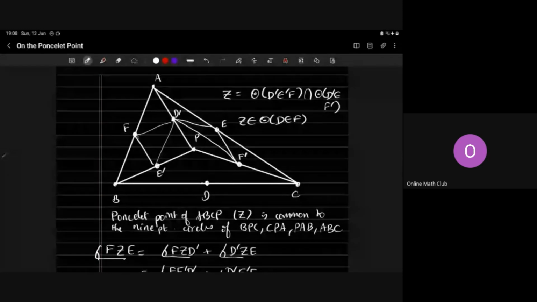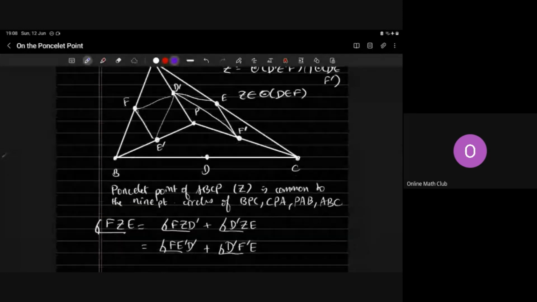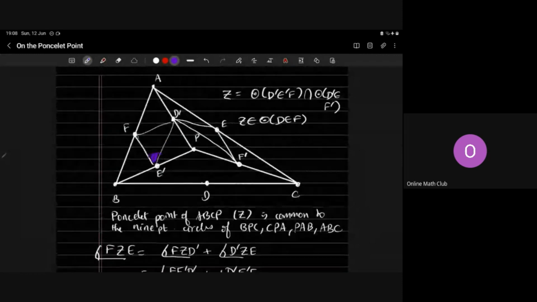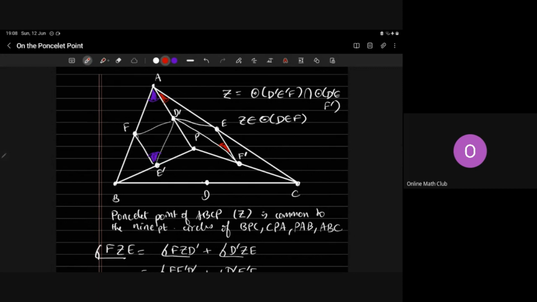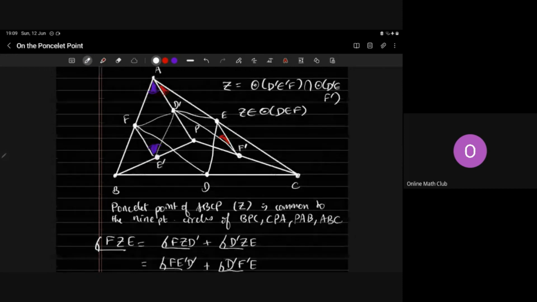So now we can use the midpoint theorem. So basically FE prime D prime is this angle, which equals this angle, and D prime FE prime is this angle, which equals this angle. So the sum equals angle FAE, which is the same as FDE, again from the midpoint theorem. Does this proof make sense? And of course, directed angles, so some issues.